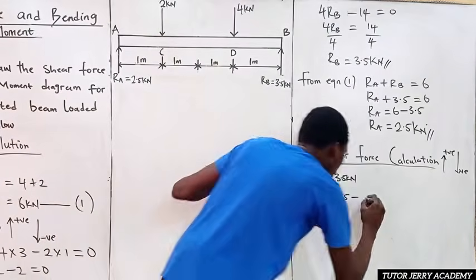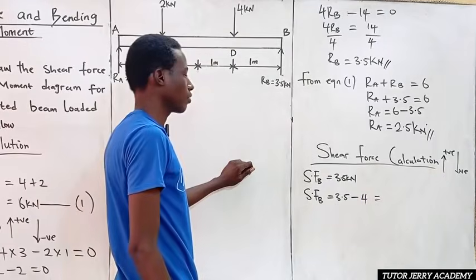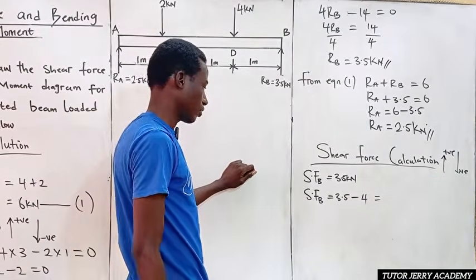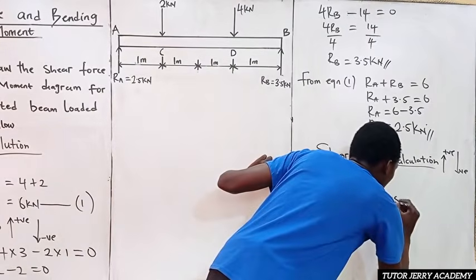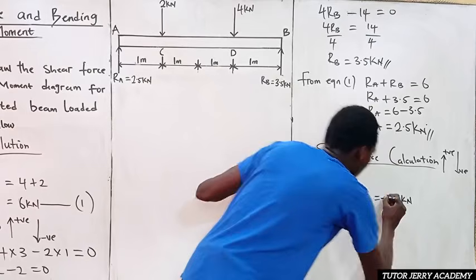Which is equal to minus 0.5 kilonewton. Don't forget to put your minus sign.